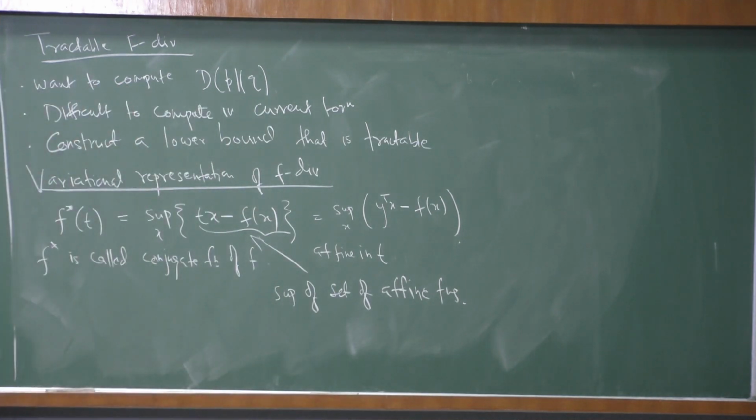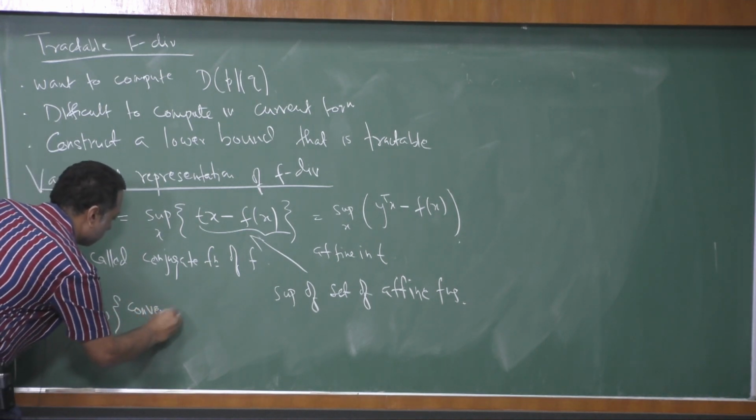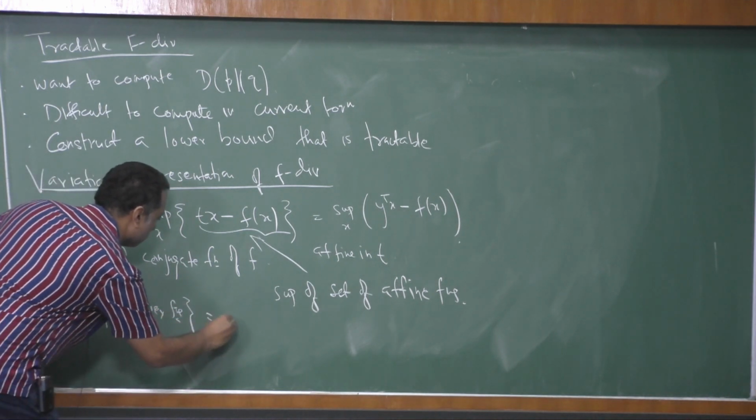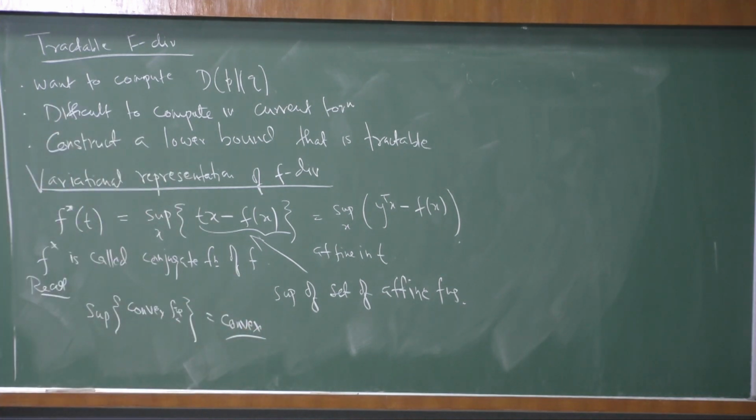A generic result from convex analysis says that the supremum of convex functions is convex. Obviously, affine functions are convex. Hence the supremum of these affine functions is convex, hence f star is convex.